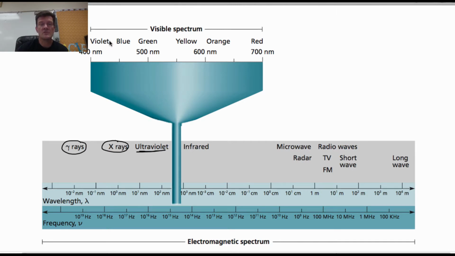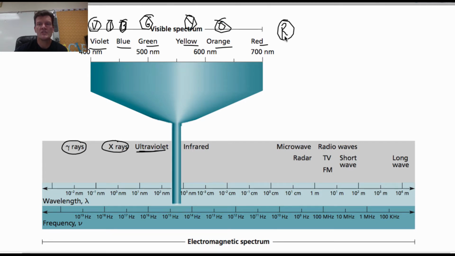Then we get into the colors that we see, that our eye can actually detect. At the high frequency, high energy end, you've got violet, and then it goes blue, green, yellow, orange, and red. Okay? Now you might have heard of Roy G. Biv. I'm spelling it backwards.